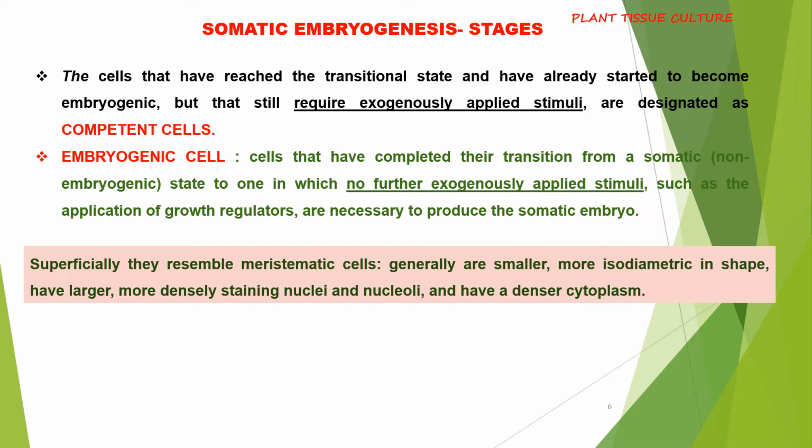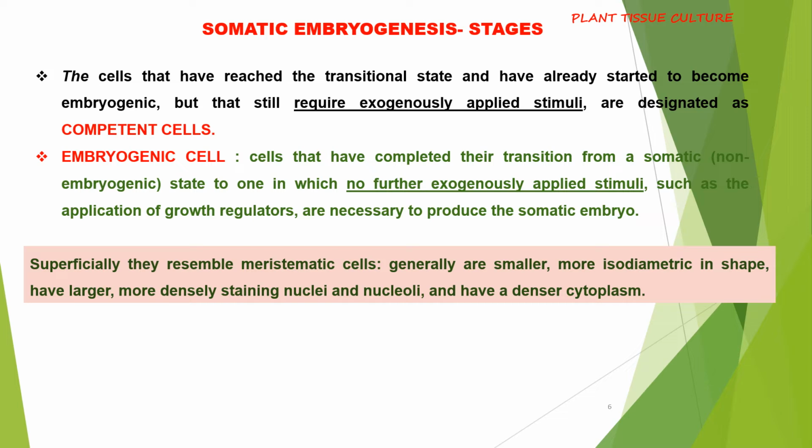In the next stage, the cells are said to be embryogenic cells. That is, these cells have finished the transition from a somatic cell to a stage of embryogenesis, and they require no further exogenous stimuli such as growth hormones.